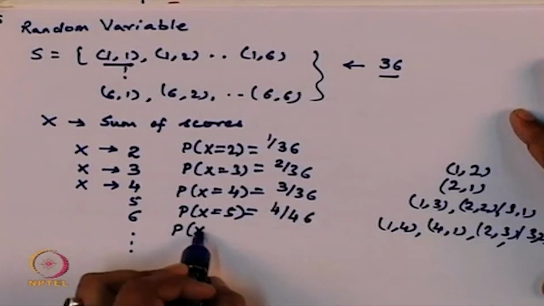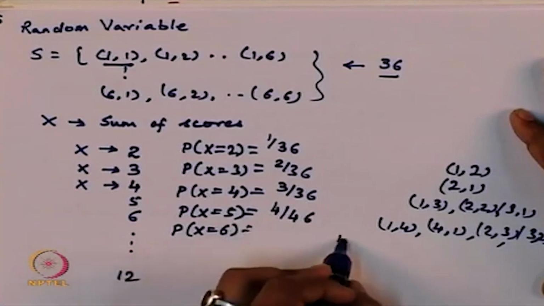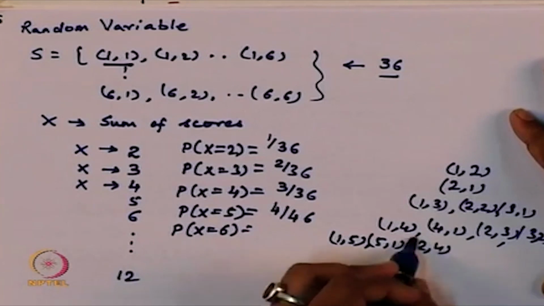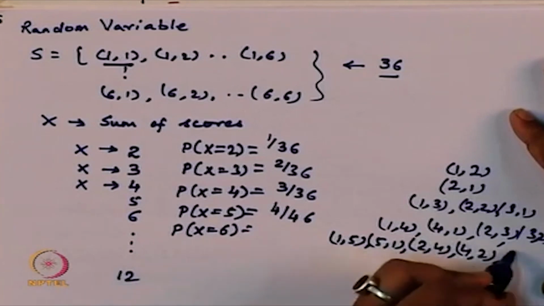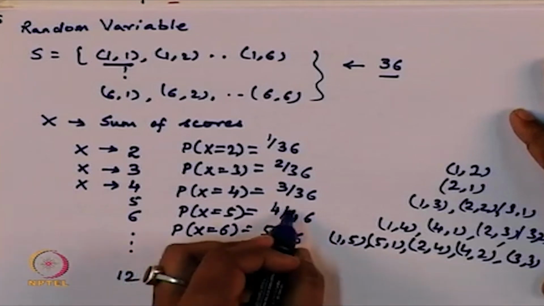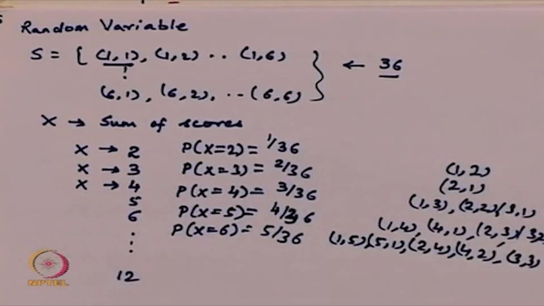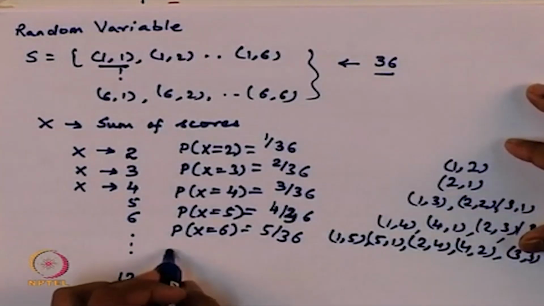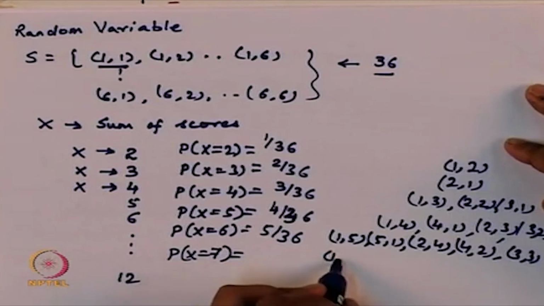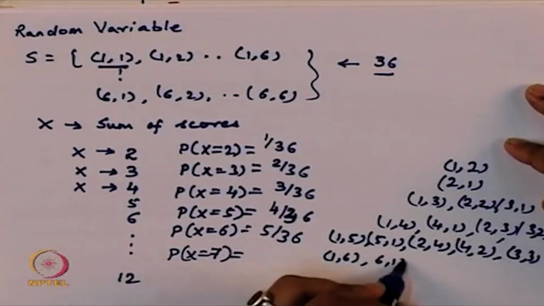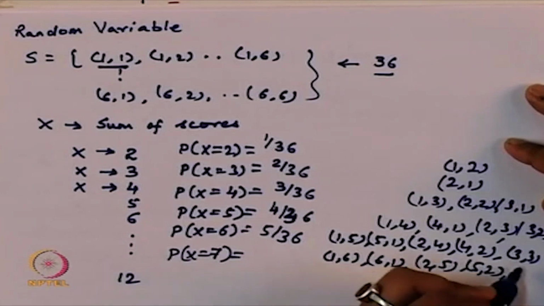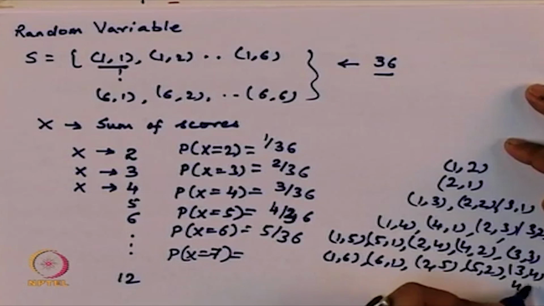Okay. Probability of x equal to 6 is 5 by 36. Okay. Probability of x equal to 7. So, I have 1 6, 6 1, 2 5, 5 2, 3 4, 4 3.